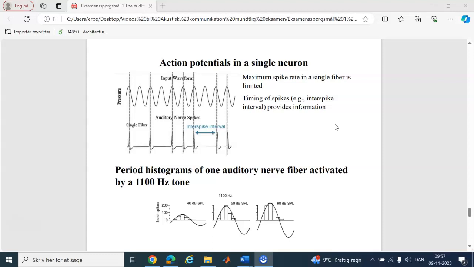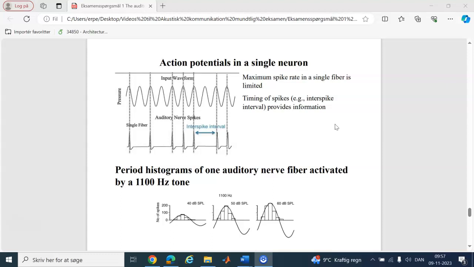So we have action potentials in a single neuron. The maximum spike rate in a single fiber is limited, so we can hear sounds of about 20,000 hertz, but a single spike is not able to oscillate that fast. The timing of spikes, the interspike interval, provides information.